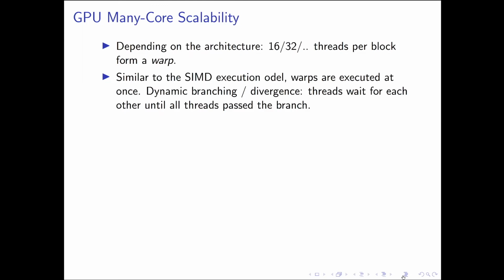So, the execution model when it comes to compute workloads is actually the very same that we also discussed in the context of vertex and of fragment processing. As a reminder, in the context of vertex or fragment processing, we had the warp scheduler, and the warp scheduler would schedule thread groups, and those thread groups are called warps, and they would contain 16 or 32 or 64 threads, depending on the architecture.